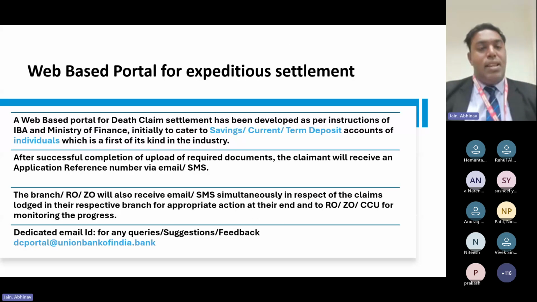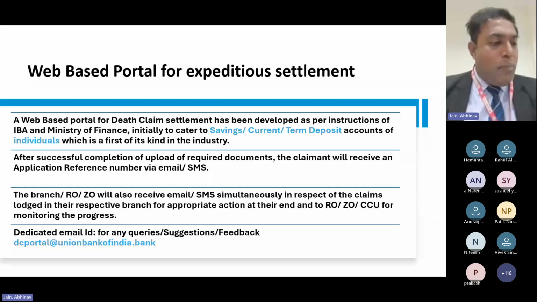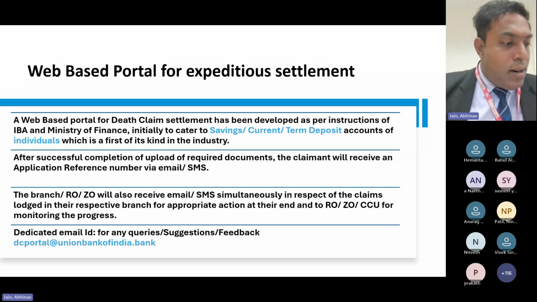Now, there is a web-based portal for expeditious settlement of death claims, where savings, current and term deposit claims of individuals can be settled. It is the first of its kind in the industry. A dedicated email ID is there for queries, suggestions and feedback related to the web-based portal on death claims.